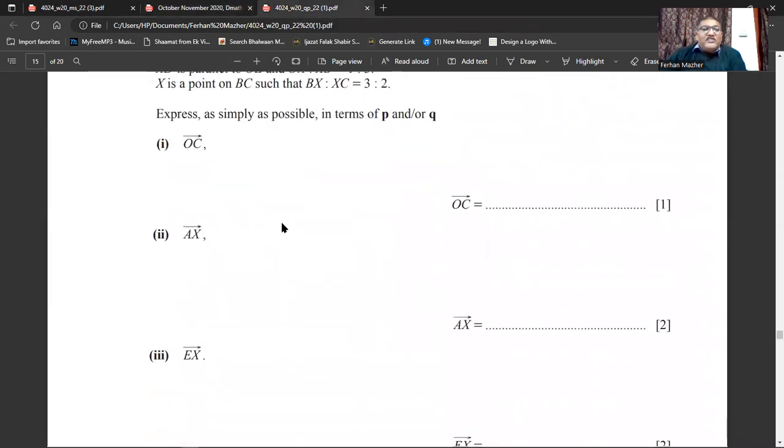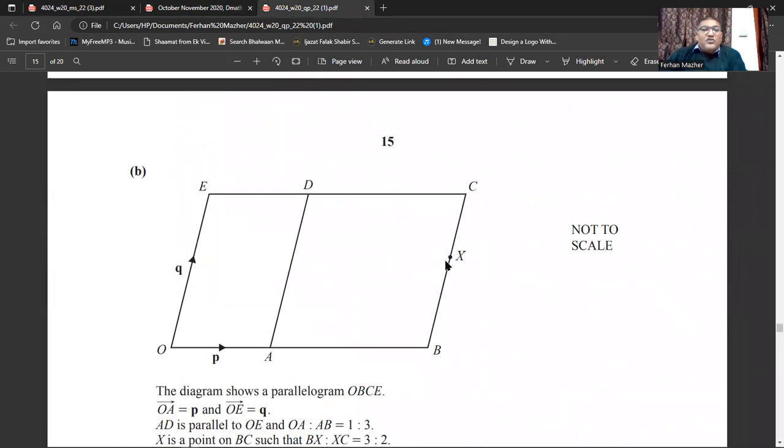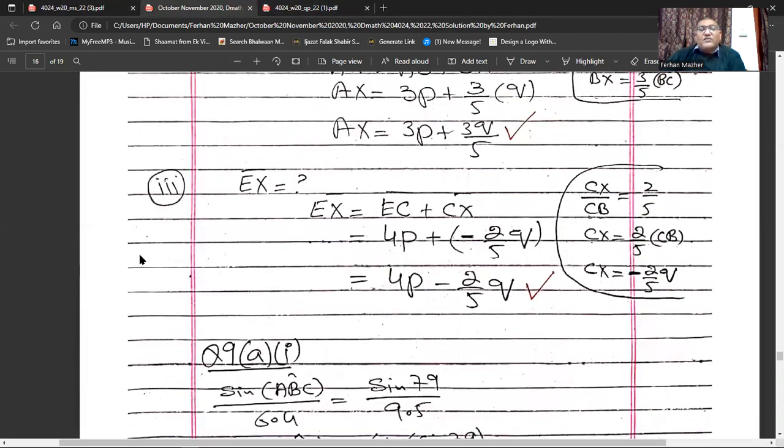Then the question is to find EX. From E, they want you to go to X. Very simple. You can go from E to C, from C to X, or you can go from E to O, O to B, from B to X. These are the bypasses. Whatever you like, you can do.